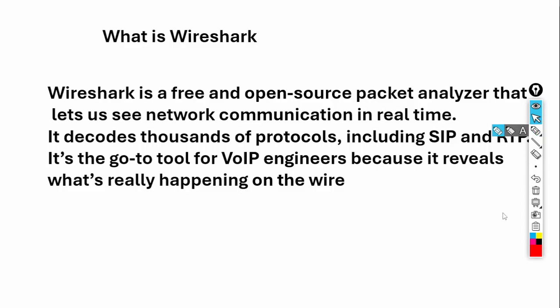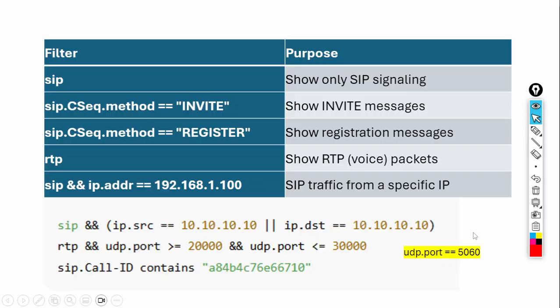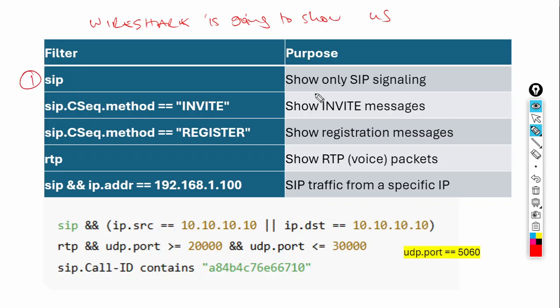So let's move further. So what is it that Wireshark shows us? Wireshark is going to reveal to us, number one, SIP.